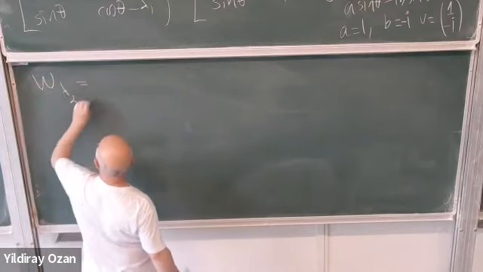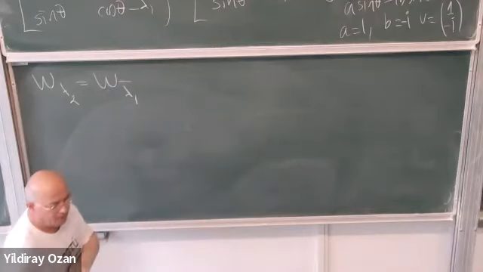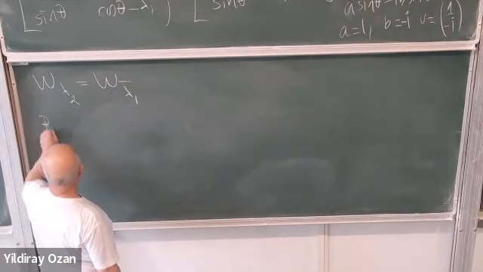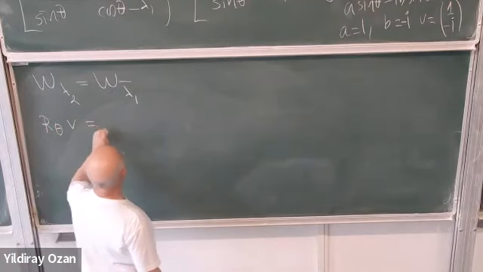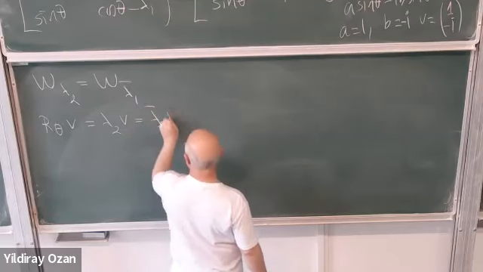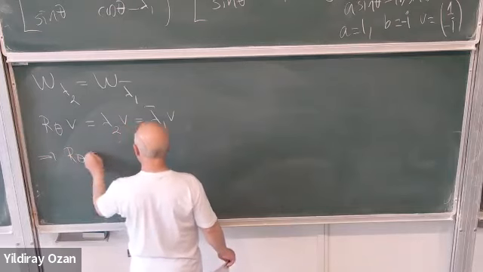W2 was W1 conjugate, and our operator is real, so R theta V is W2 times V, which is lambda 1 bar V, and you consider this, right?